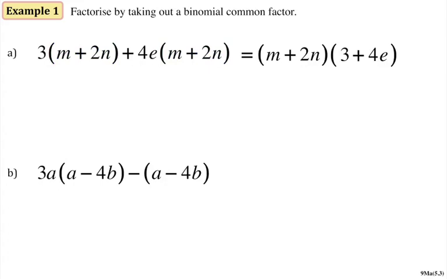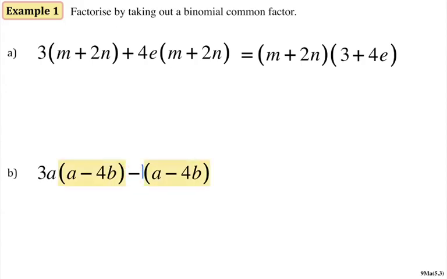Let's try this again with our second example. Now what we're looking for, is there a common bracket? Well, I've got an a take 4b in brackets here, and 2a take 4b in brackets in this second bracket. You need to remember that this bracket really has a 1 in front of it. Yes, there are 2 terms and they're separated by this minus sign here.